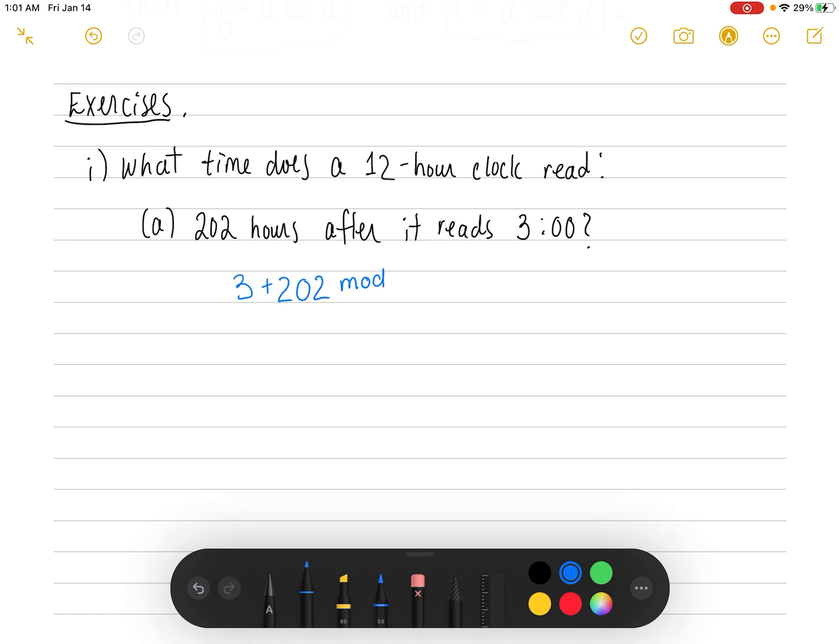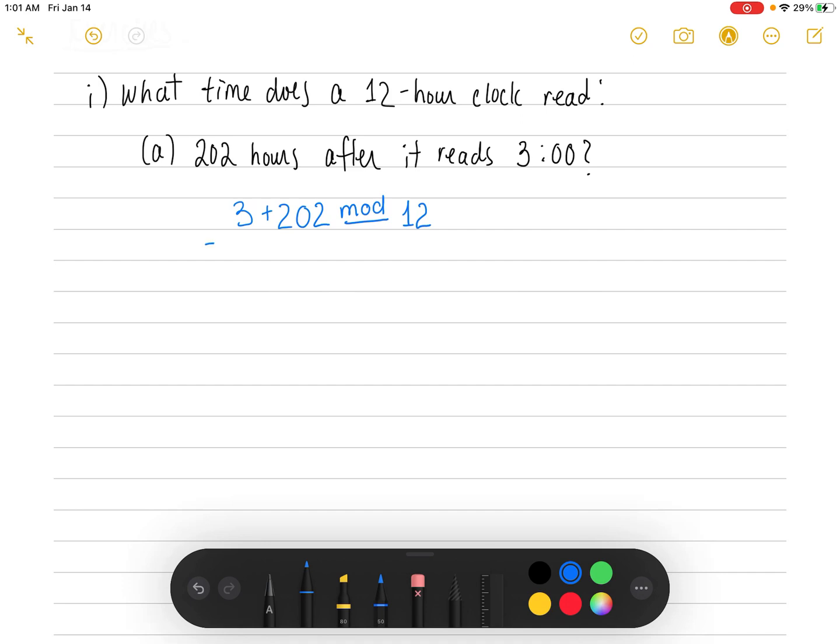I want to mod this by 12 to figure out what time it will be in 202 hours. So I take 3 plus 202, which is 205, mod 12.